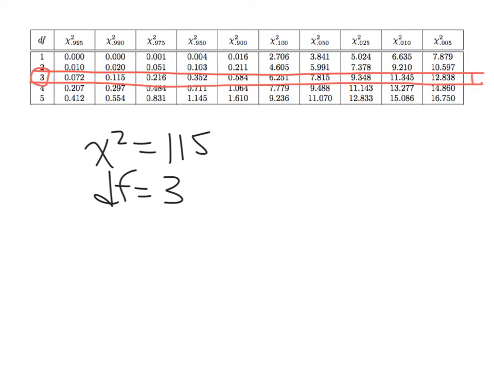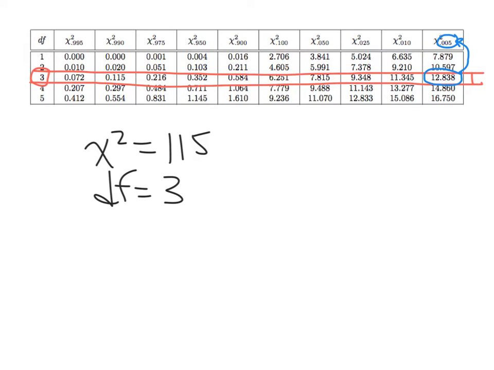So how do we tell what the probability, or p-value, is of having a chi-square value that large? What if we had calculated a chi-square value of 12.838? What would be the p-value? That's where you look up in the header of the table at that subscript.